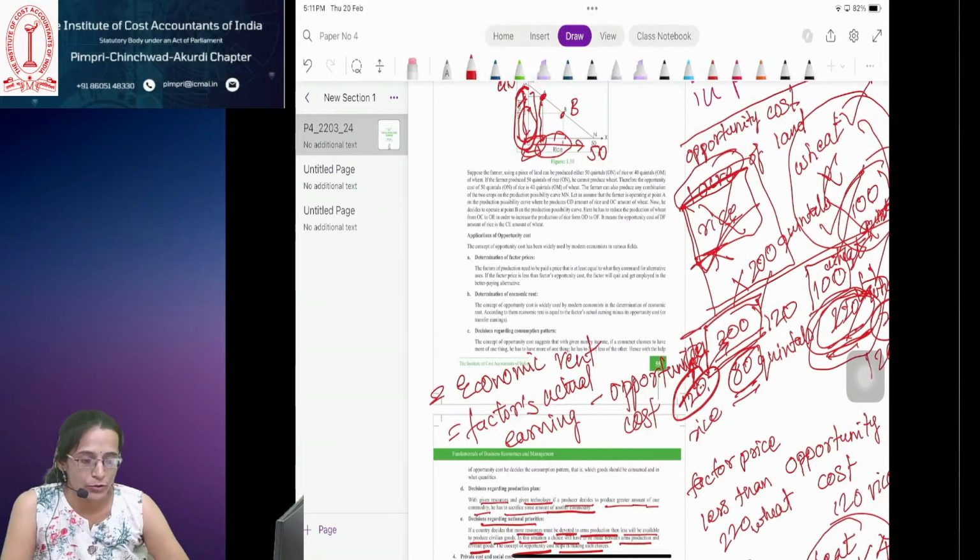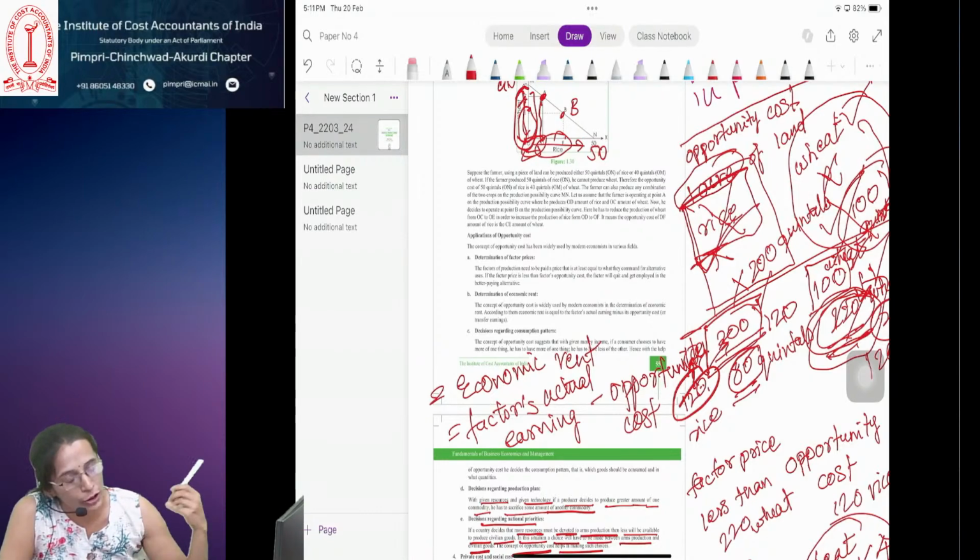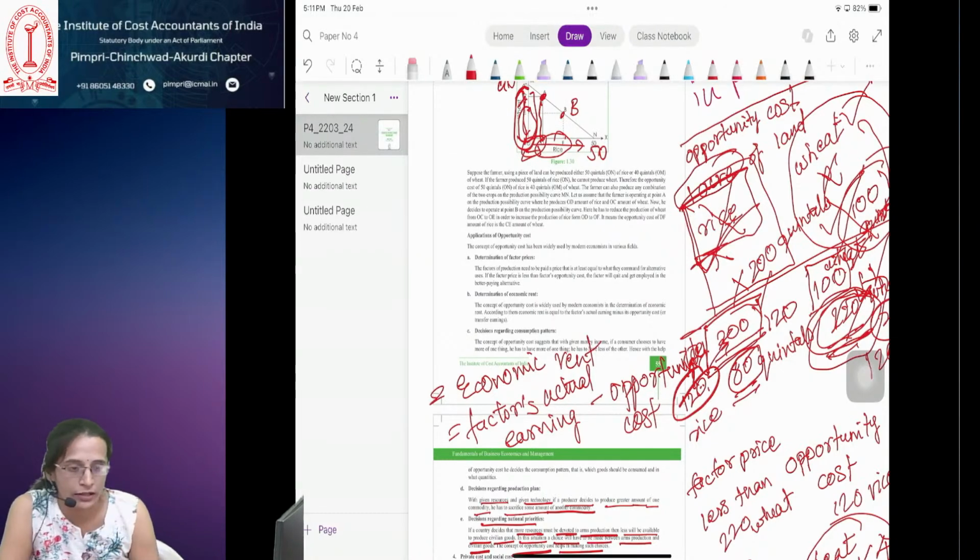See, as a producer, I am producing two quantities. Suppose how much I forego of quantity 1 to produce another quantity, that is the opportunity cost for the other quantity. And if I forego quantity of B product, how much increase in product A I will get, that is the opportunity cost, right?